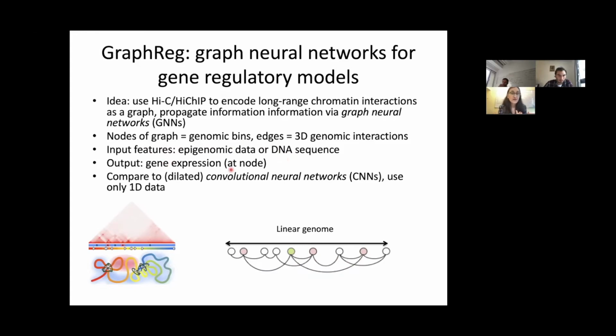And the output is going to be the expression at each genomic bin. You can think that if there's a promoter in the genomic bin, it's the output from that promoter. And we're going to do it over a long range, large genomic regions, as we'll see.